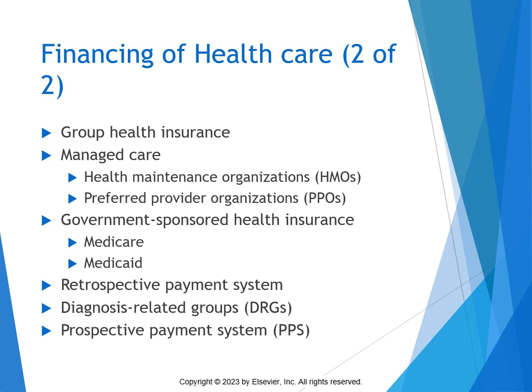This is accomplished by paying providers to care for groups of patients for a set capitation fee and by limiting their services. Medical necessity and the appropriateness of healthcare services are monitored by a use review system. Types of managed care systems would include healthcare maintenance organizations, or HMOs, and preferred provider organizations, or PPOs. This option is used by Medicare and private insurance companies.